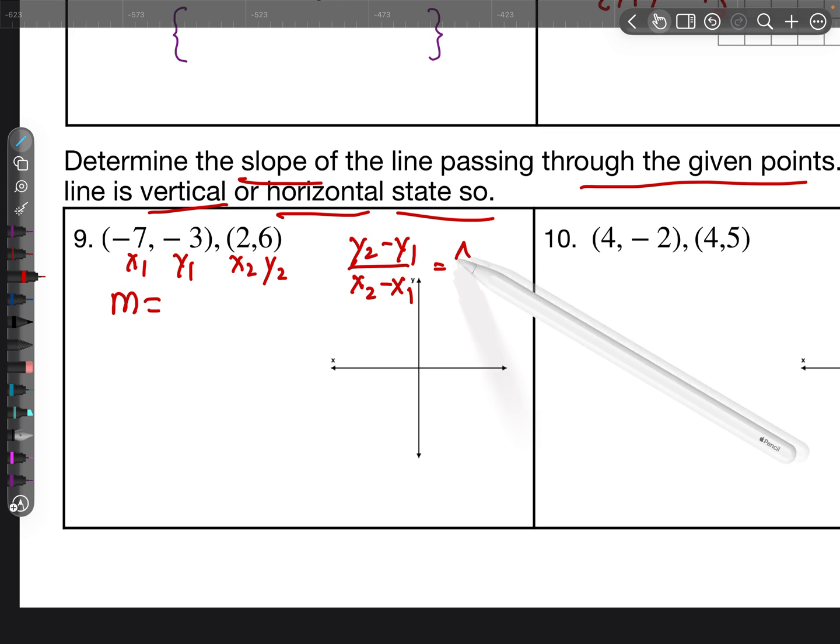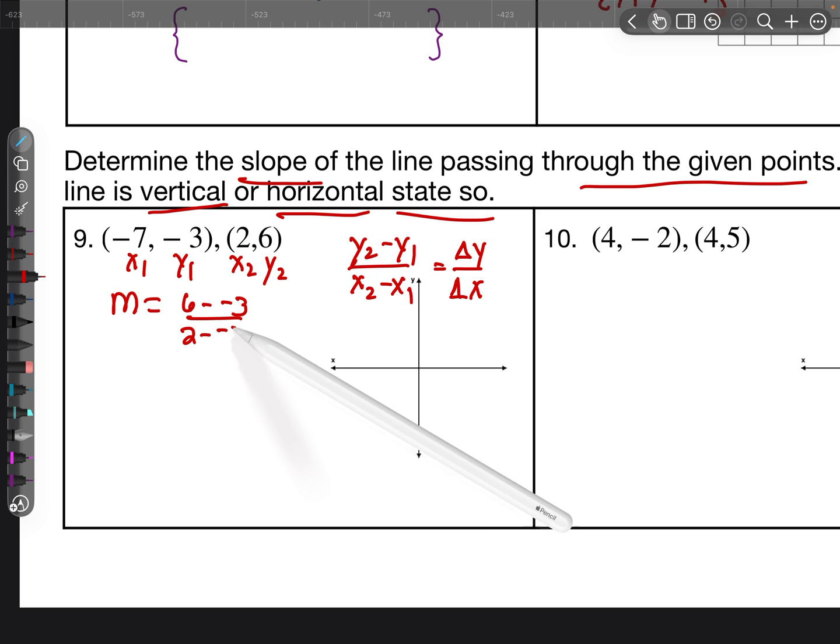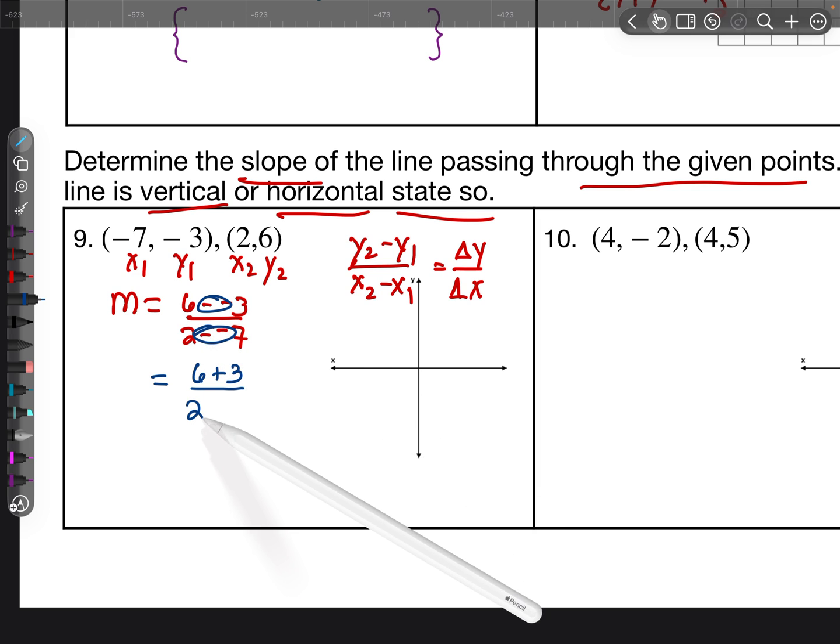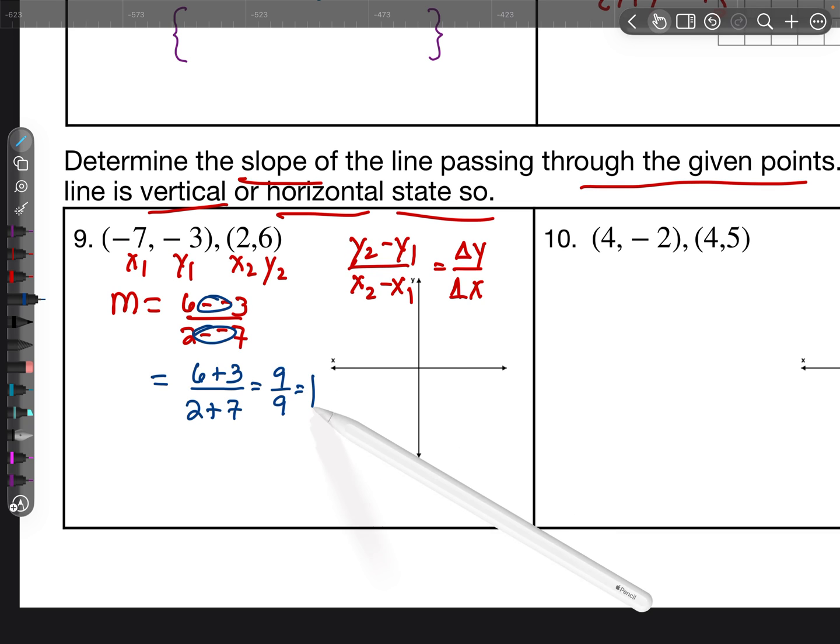This is changes in the y's over changes in the x's. What's that ratio? So 6 minus -3 over 2 minus -7. Got some double negative stuff going on. Right? If you need to, rewrite those. 6 plus 3, 2 plus 7. Get that number right. Hey, this slope is just 1. That's positive. This line goes up and to the right.